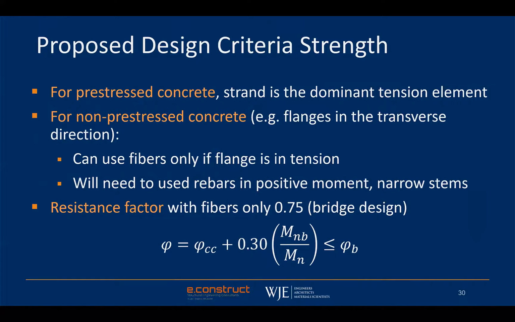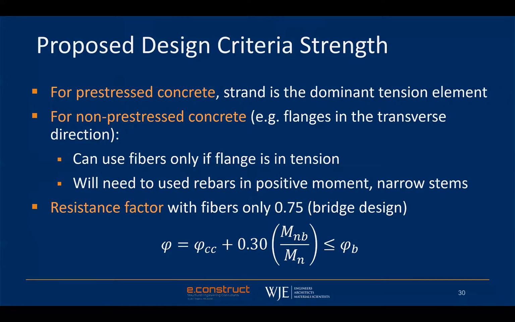So for pre-stressed concrete, we are going to most likely recommend to people that fibers be ignored. They don't have to be. The spreadsheet that we're offering in the project will allow you to include them or ignore them. For non-pre-stressed concrete, for example, the flanges of an I-beam that has wide flange or a box beam, if you do not have pre-stress in the transverse direction, which usually you don't, you have pre-stress only in one direction, then you're counting on the fibers and the rebar.